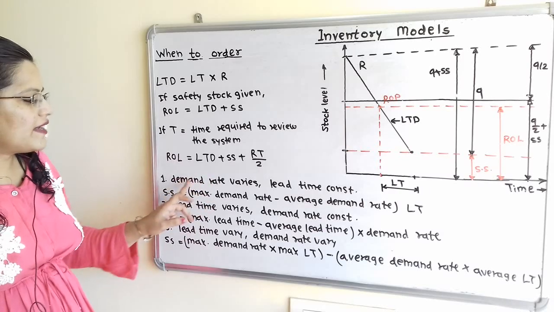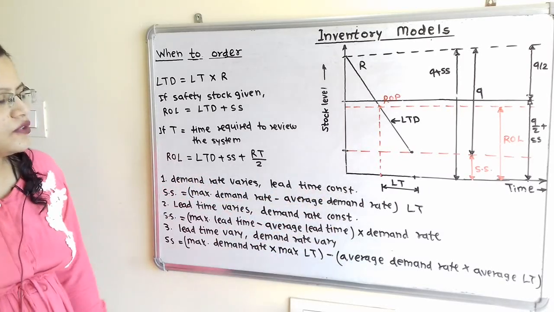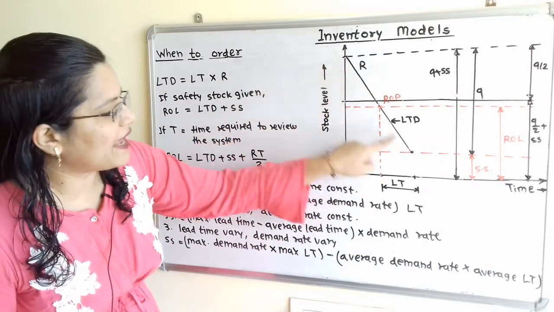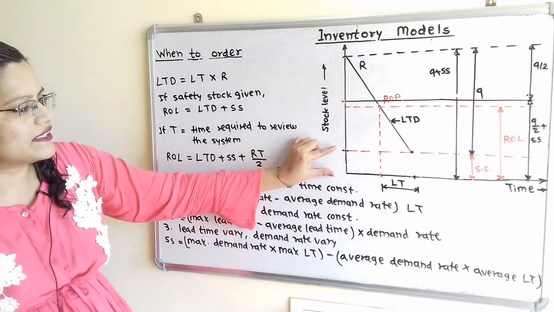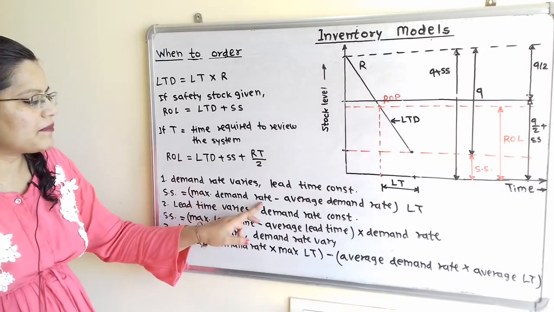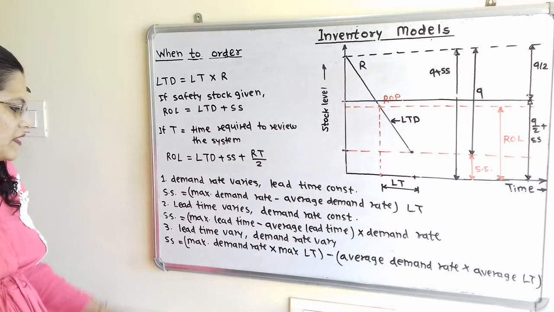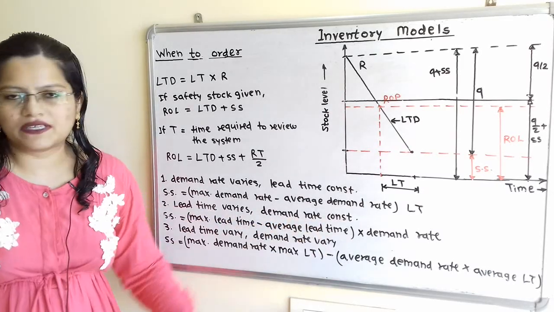Now next, when demand rate varies but lead time remains constant. If we observe, this is the demand rate. If it varies but lead time remains constant, then how to calculate the safety stock? Safety stock is equal to maximum demand rate minus average demand rate, multiplied by lead time. Now the second condition, lead time varies but demand rate remains constant.